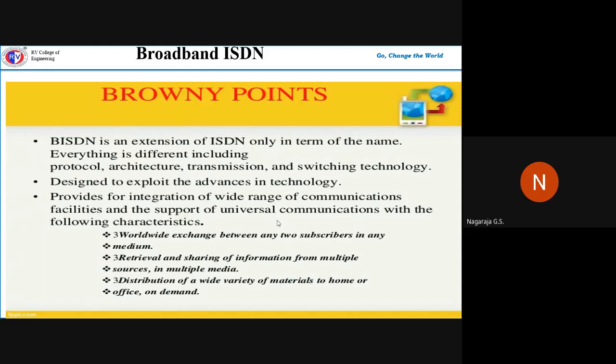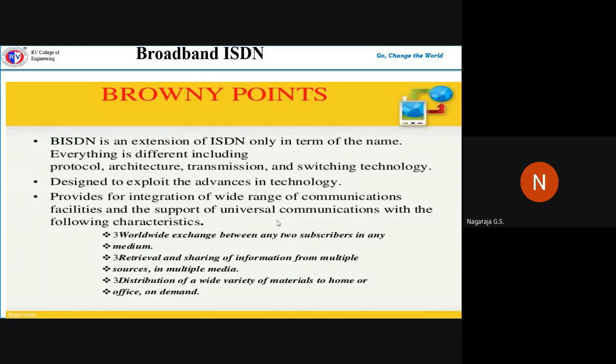How is the architecture of your broadband ISDN technology? How is the transmission going to happen between two ends, and what switching technology does it use? Once you follow these key points, you can easily write your answers irrespective of the questions you get.